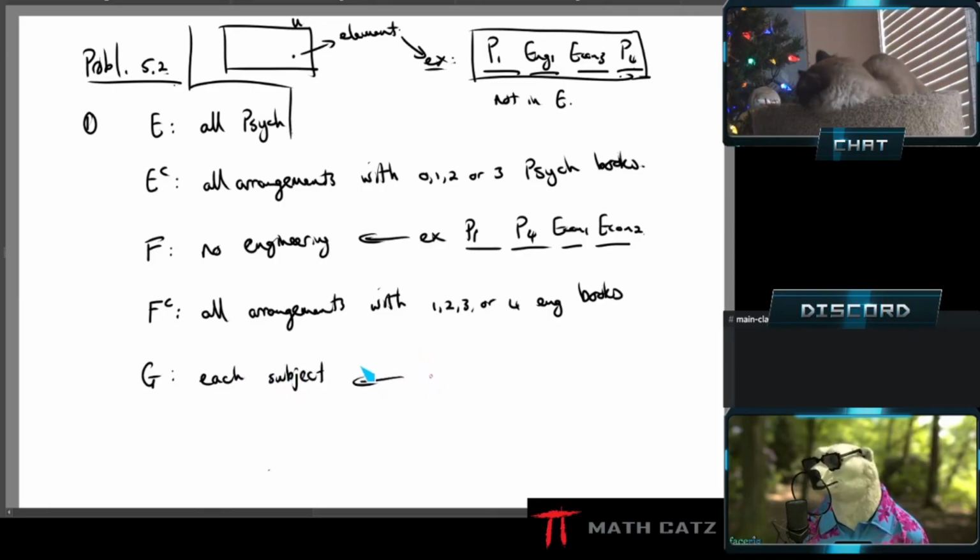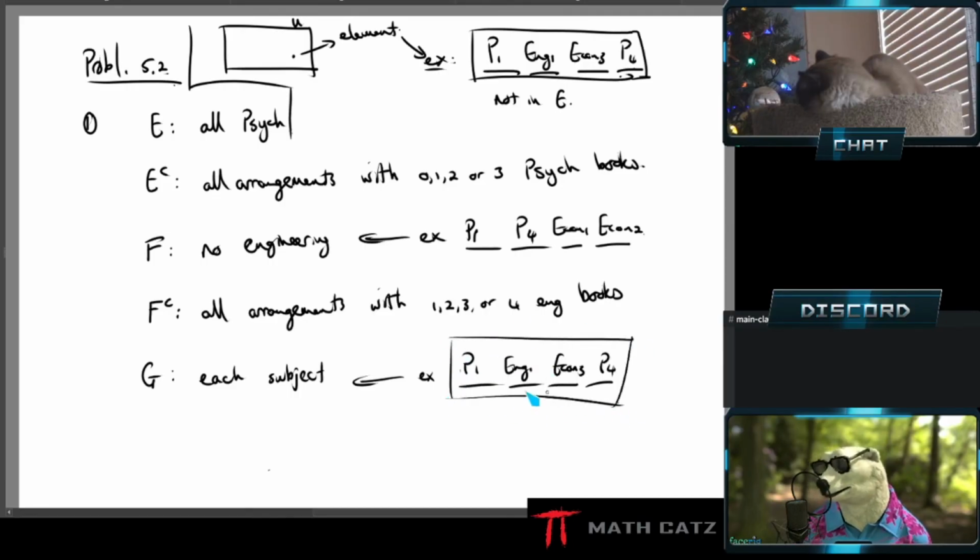For example, something that is in G, well, the top one: psychology 1, engineering 1, 3, psychology 4. Of course, I have more books than subjects to select, so some subjects will double up. That's okay. But when I look at the arrangement, remember this is a single thing in the G circle. It's a single dot in the G circle.